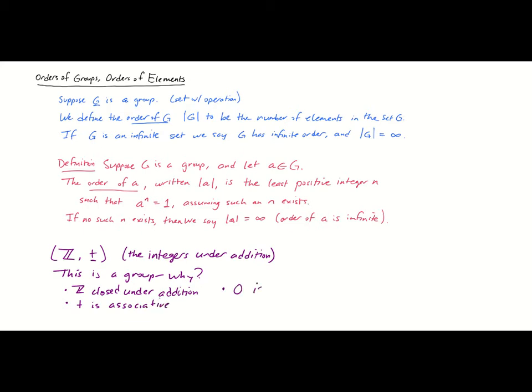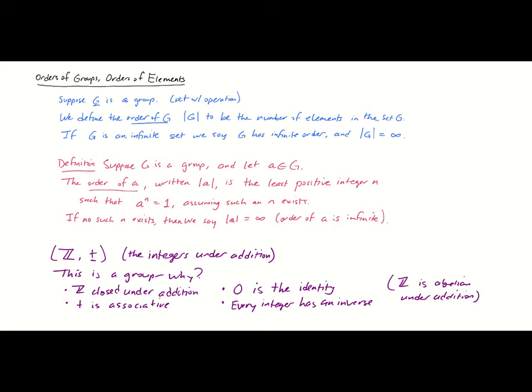I know that 0 is the identity element, because any integer plus 0 is itself, and every integer has an additive inverse. And even better, this group is abelian, because I know that addition is commutative. That's not required to be a group, but it's nice to have around.